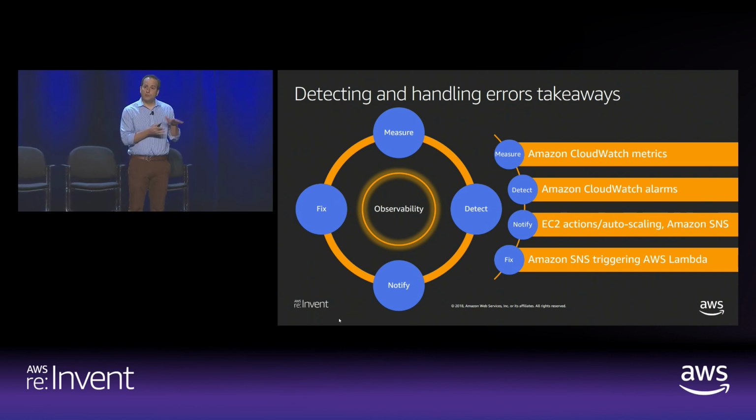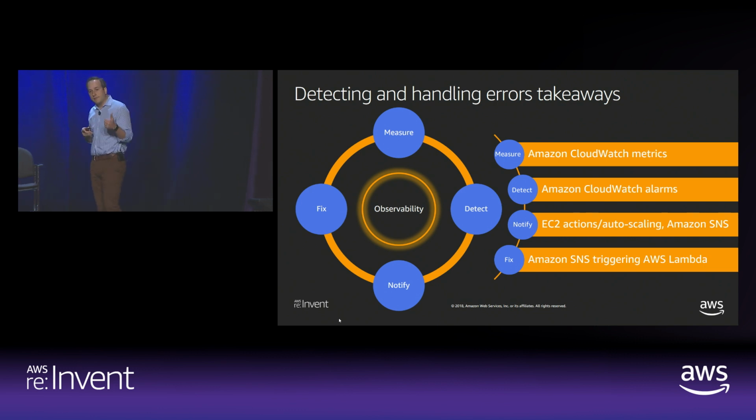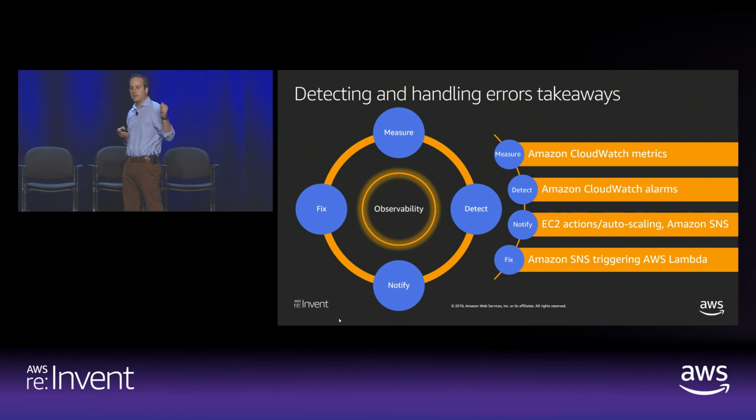The SNS topic will notify the right audience. In our case, we send an email to an address that we subscribed to the topic. And then we finally close that loop by implementing a fix, an auto-healing automation, which was basically sending a command back to the bot running as a Fargate container saying, hey, go back to charge, right?